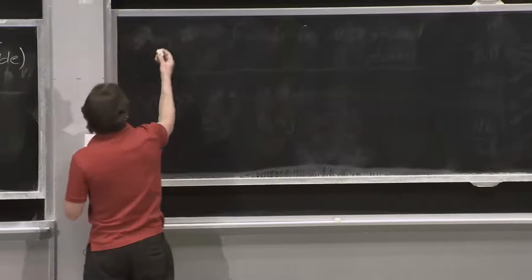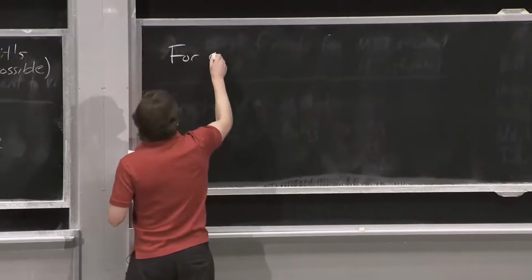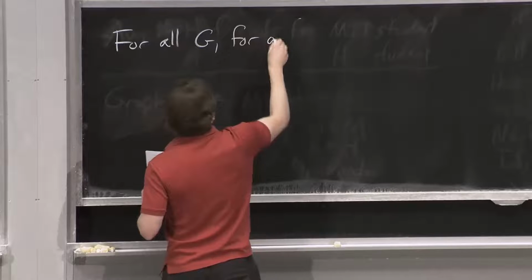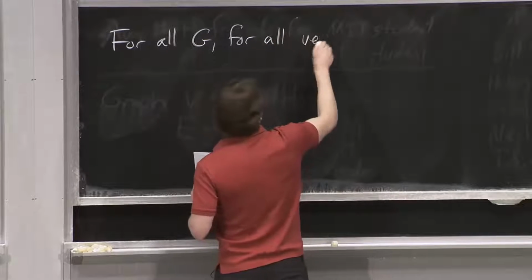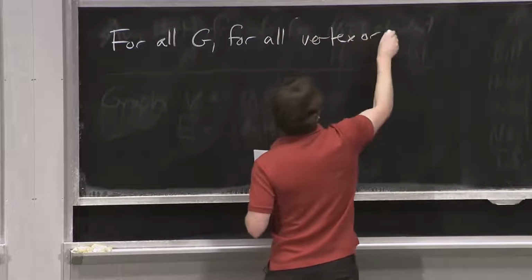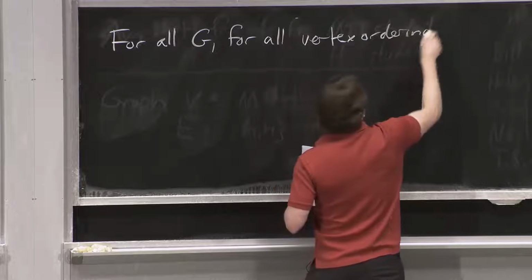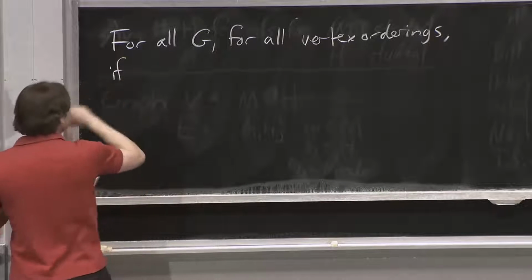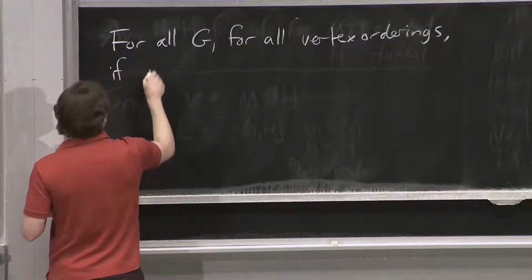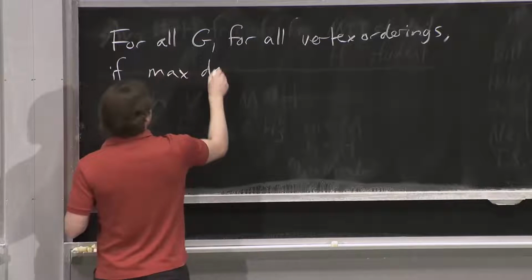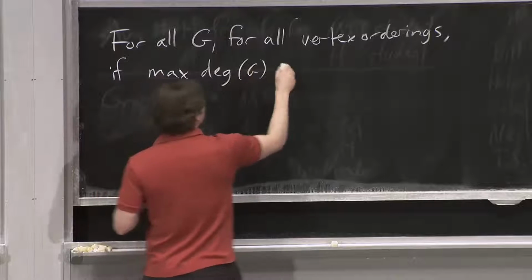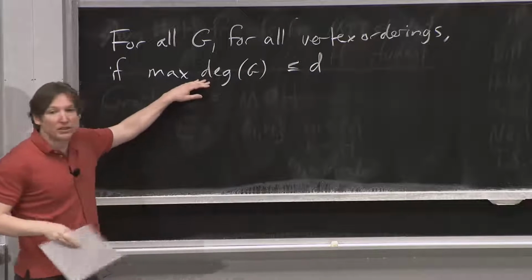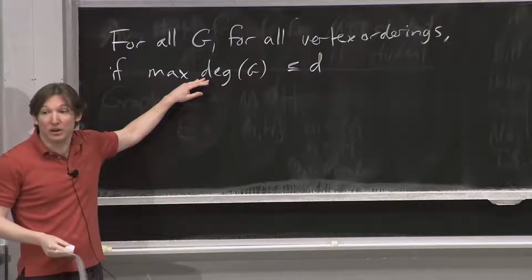OK, so for all graphs G, for all vertex orderings, if the max degree of our graph is at most d, by max degree here, I mean look at the degrees of all the vertices and take the largest one.